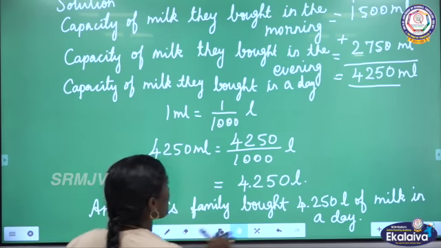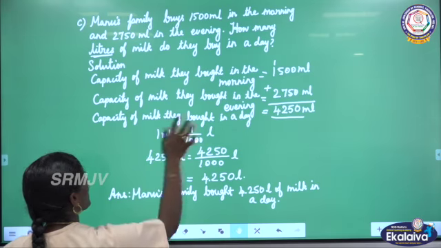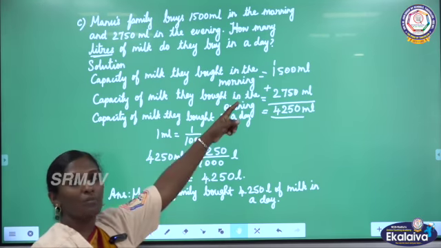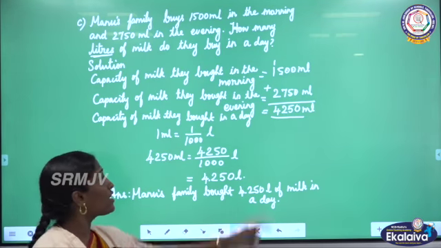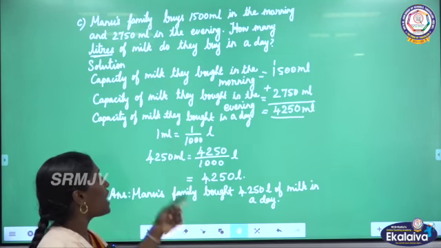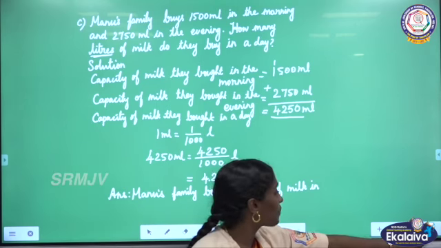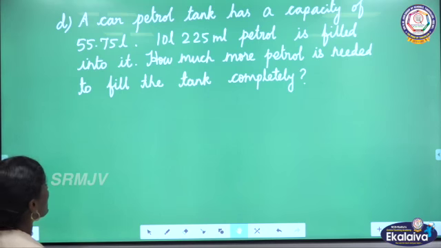Is it clear, children? Here the capacity of milk they bought in the morning is given, capacity of milk they bought in the evening is given. By adding these two, we are getting the capacity of milk they bought in a day. We got the answer in milliliter. After that, we are converting into liter. Is it clear, children?